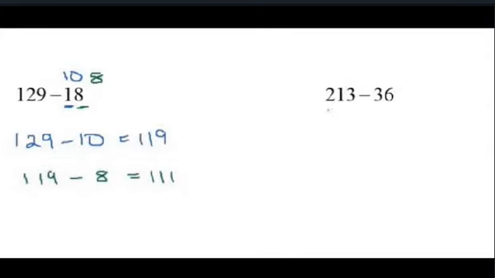213 minus 36. Here in 36, 3 represents 30 and 6 represents 6 ones. So first of all, when I look at 213 minus 30, there is another little mental trick that we can do with the 30 to make the subtraction in our head a bit easier to do. If you think about subtraction as taking steps backwards, if I take 13 steps backwards I meet 200.